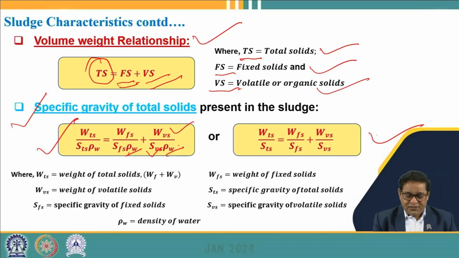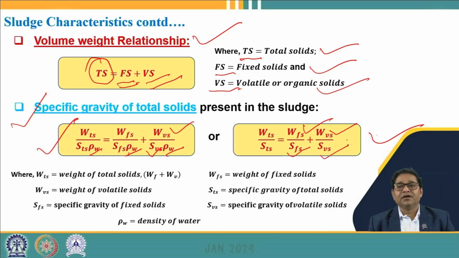So here, rho W is common on both the right hand side and the left hand side in the denominator, so it can be cancelled, and the new equation we can use is WTS divided by the specific gravity of total solids STS, which is equal to the weight of the fixed solids divided by the specific gravity of the fixed solids plus the weight of the volatile solids divided by the specific gravity of the volatile solids.